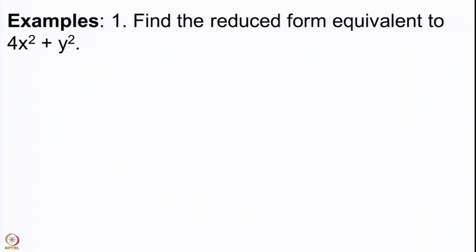This is the first example. We are given the form 4x square plus y square, and we want to find the reduced form which is equivalent to this. So, we notice here that 4 is bigger than 1. The coefficient of x square is bigger than the coefficient of y square, and therefore, we have to apply the Weyl element first.